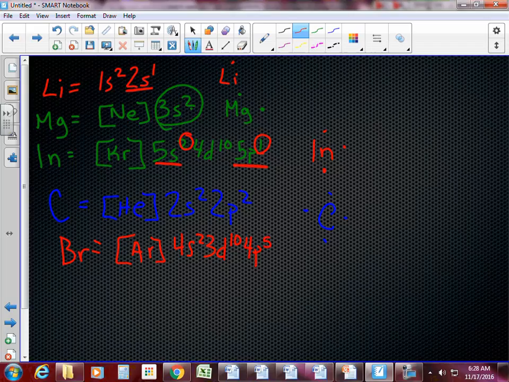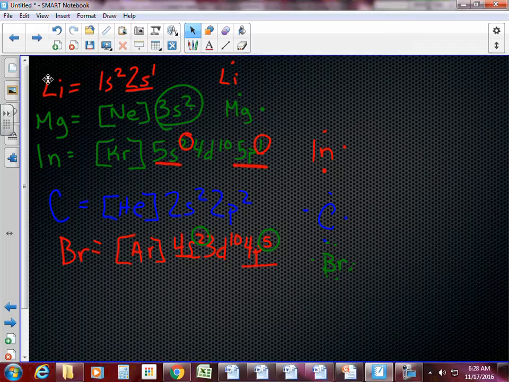Again, in the highest energy level, it's the 4s and 4p, and there are 7 of them, so 2 and 5. So we would put bromine in the middle, and we would start by putting 1 dot on each side, and then we would pair them up. And that's what the electron dot diagram would look like.